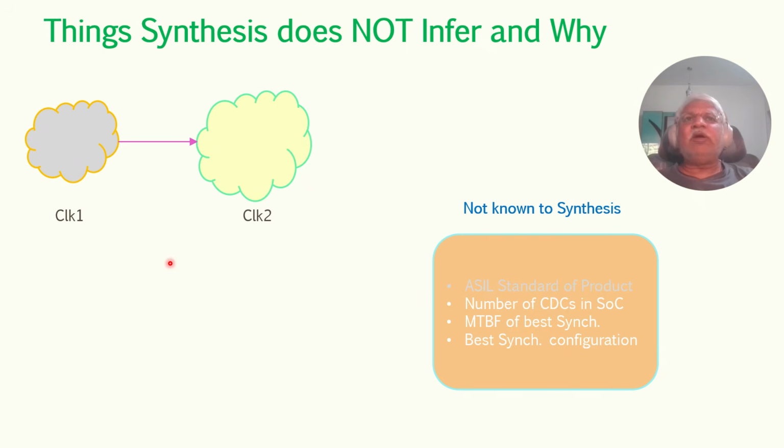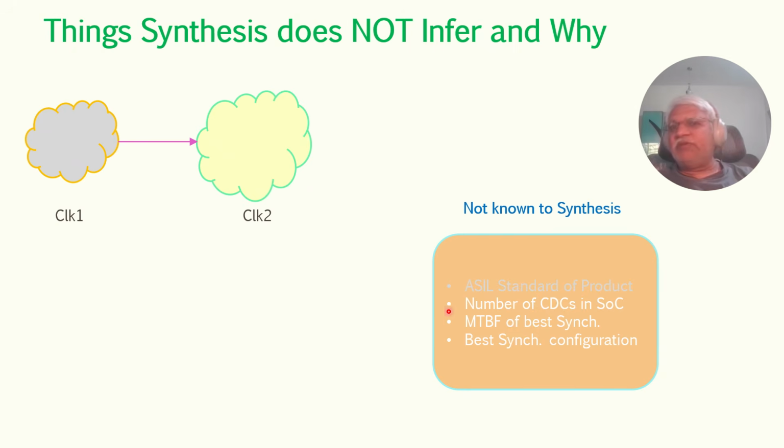All of that depends upon various calculations synthesis needs to do. That is beyond its scope, because synthesis's main job is to translate the RTL code into gate level content. On top of it, doing this, which is a reliability aspect, is beyond its capability, so it will not be able to do it.